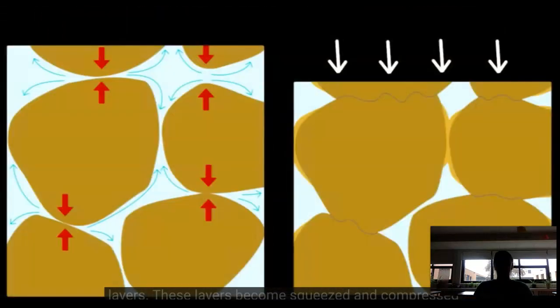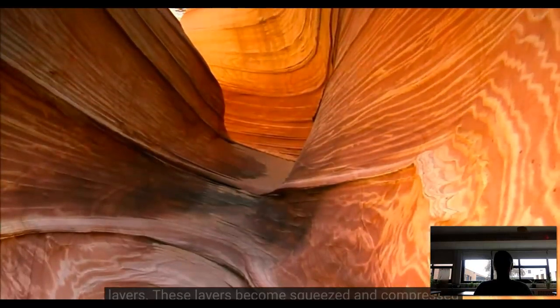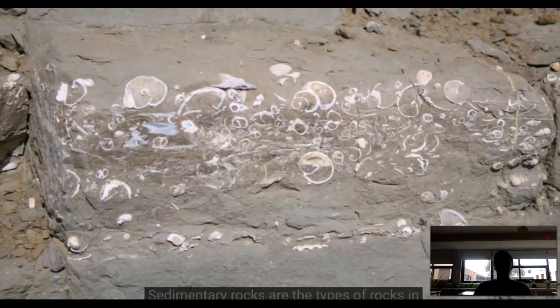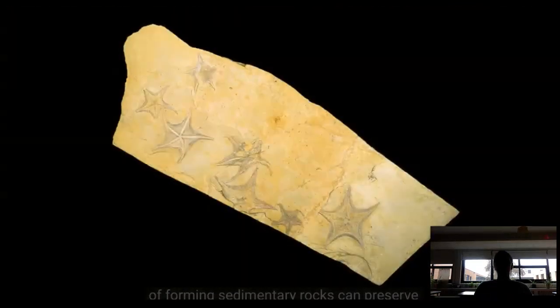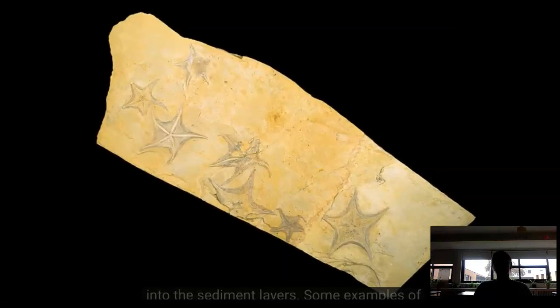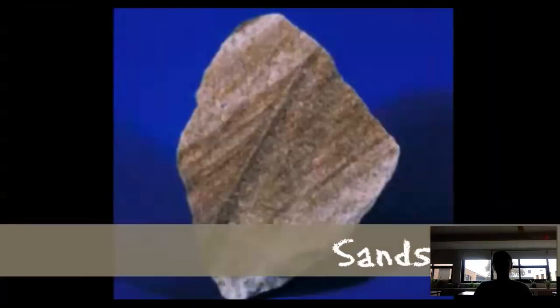These layers become squeezed and compressed over time until they consolidate into a rock. Sedimentary rocks are the types of rocks in which fossils may be found, since the process of forming sedimentary rocks can preserve plant and animal remains that are deposited into the sediment layers. Some examples of sedimentary rock are limestone, shale, and sandstone.